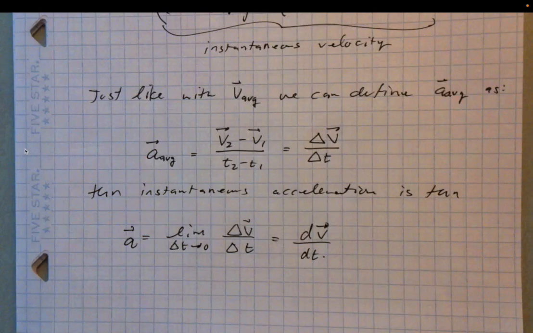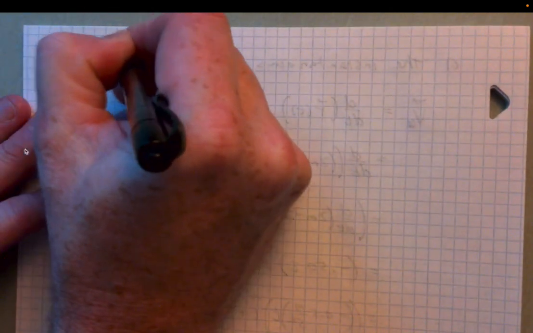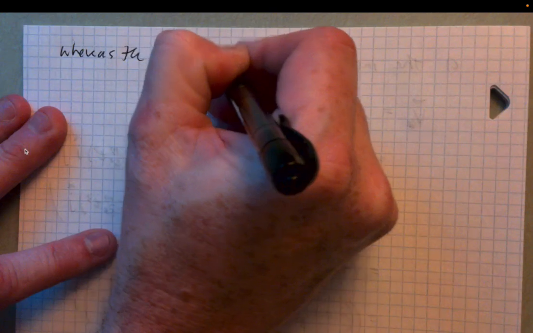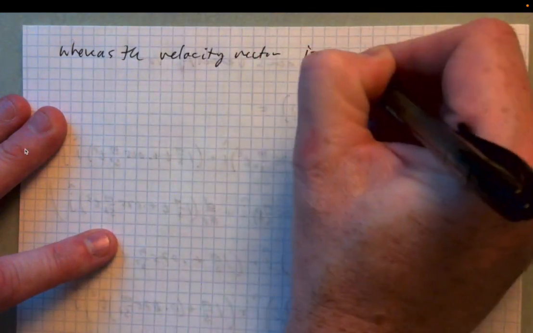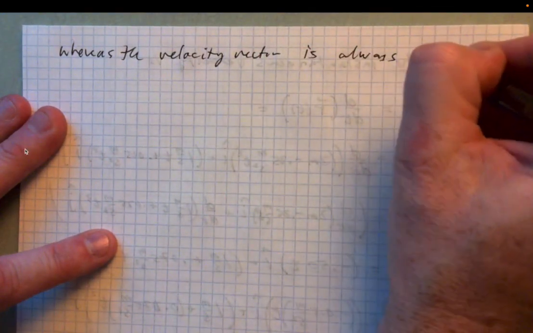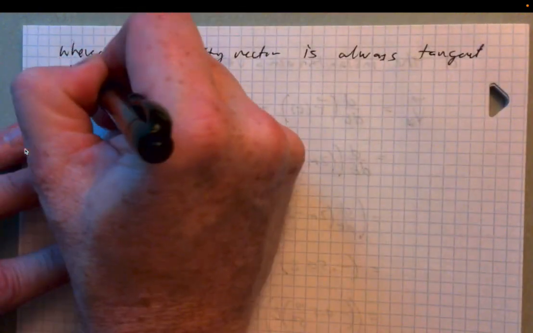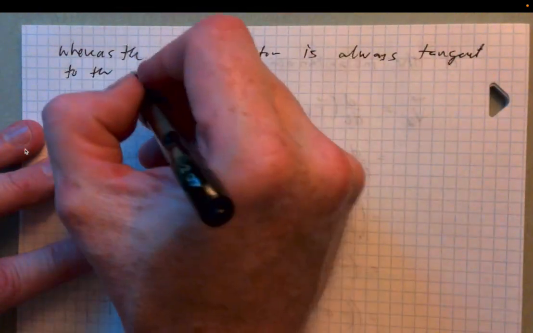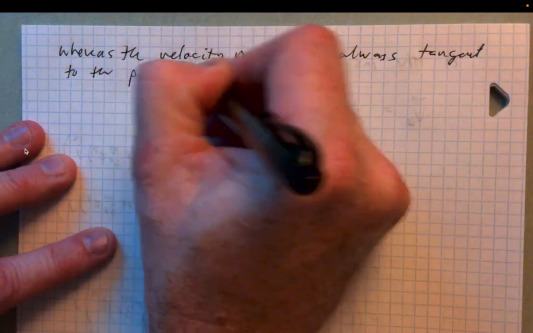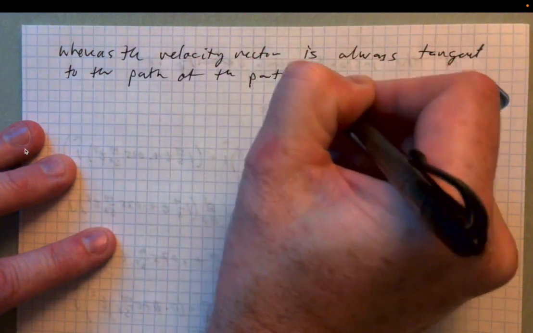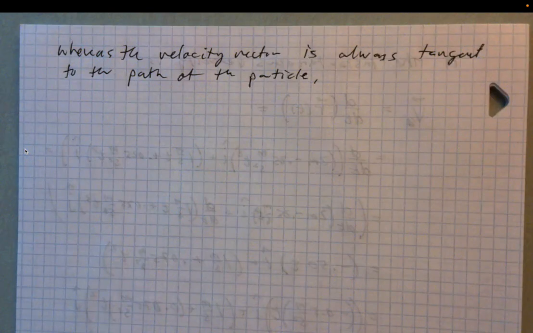Whereas the velocity vector was seen to be always tangent to the path of the particle, this is not the case for acceleration.